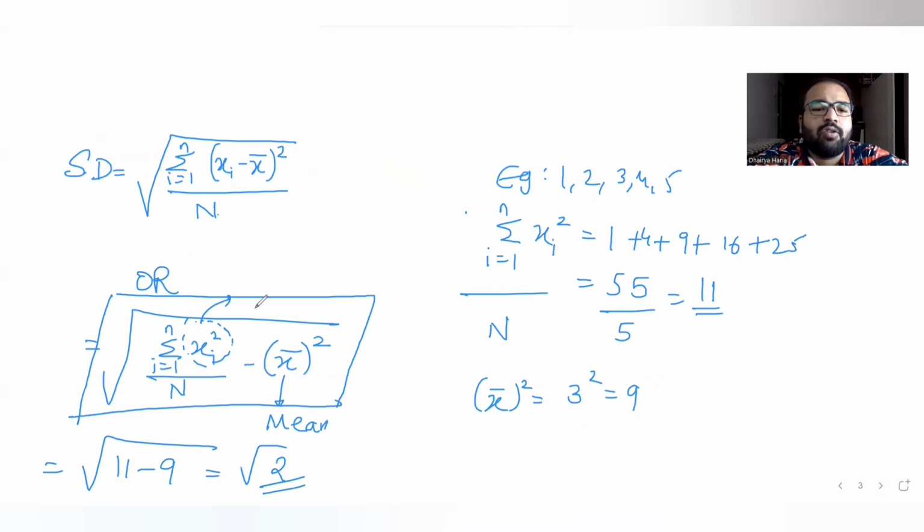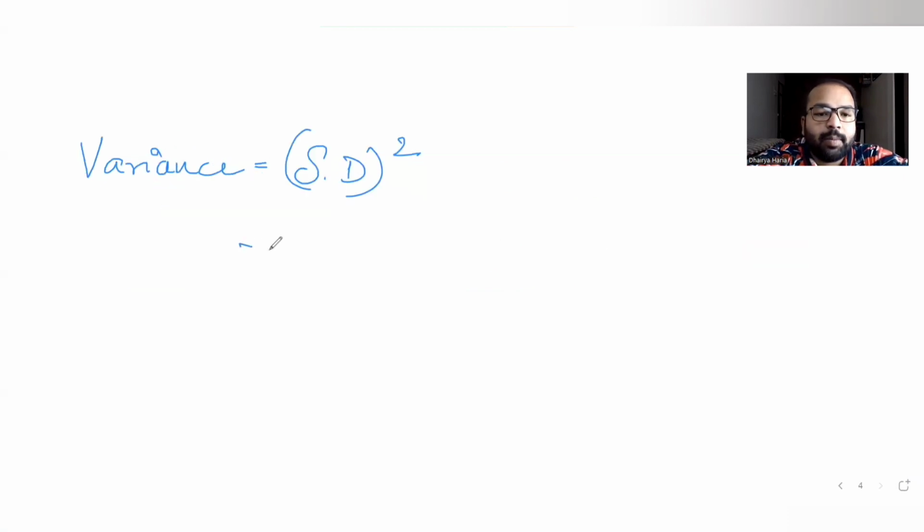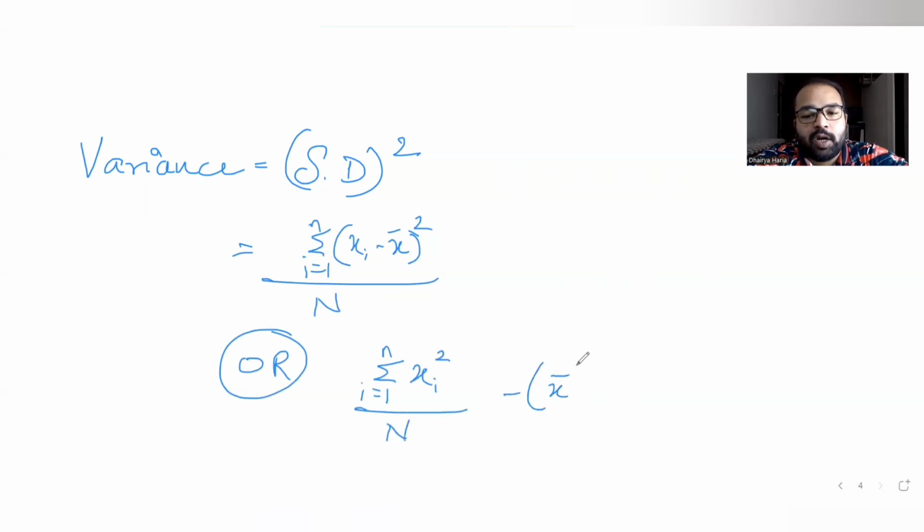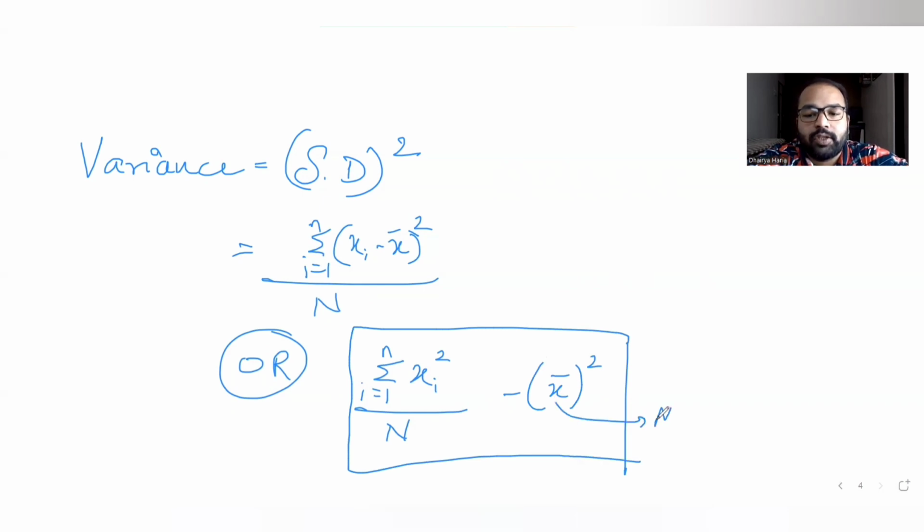So if I just take out the square root from these formulas, I get the variance, right? So it becomes summation i equals 1 to n xi minus x bar the whole square upon n, or I can directly write it as summation i equals 1 to n xi square by n minus x bar square, right? Where x bar is the mean of the list of terms. So this is how you calculate the variance.